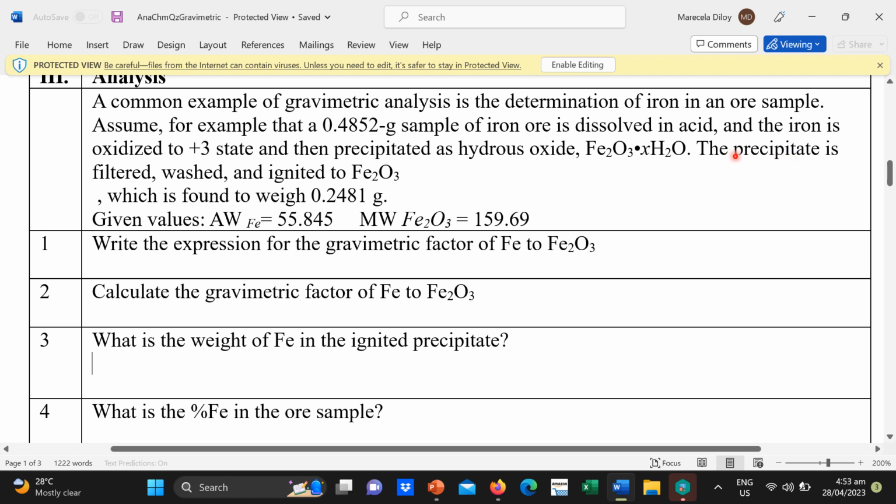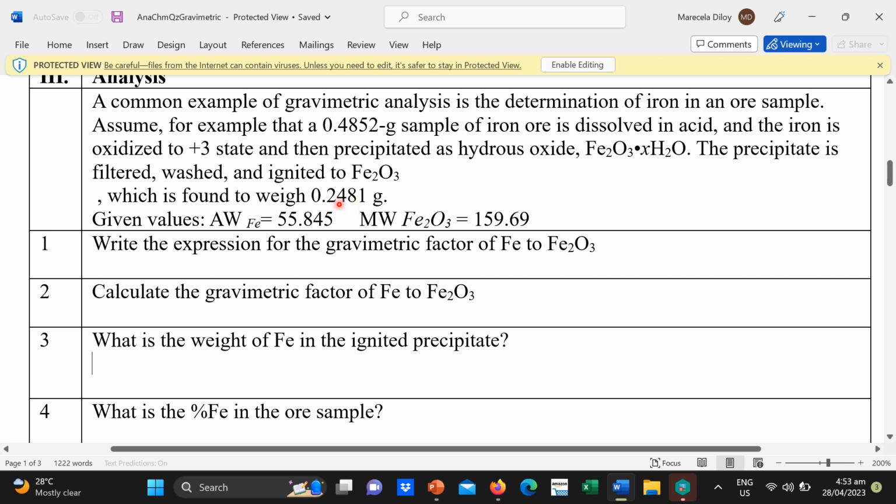Okay. The precipitate is filtered, washed, and take note, merong step na ignition. Okay, so ignition is heating the material to a very, very high temperature, resulting to removal of water. So eventually, ang na-collect na mass, wala na tong water. Okay, tapos na siyang i-ignite, nawala na yung water, 0.2481.